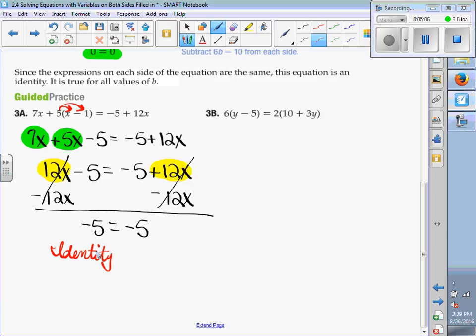You can plug in any number and you'll get a true statement, which means that the answer is an identity and the solution is all real number solutions. Okay? So, therefore, all real number solutions.